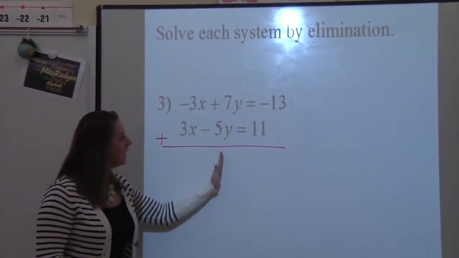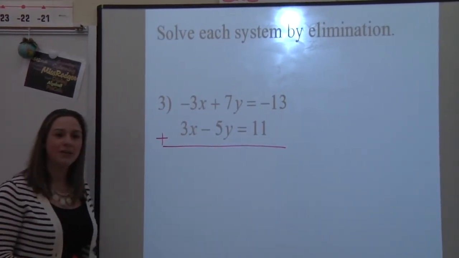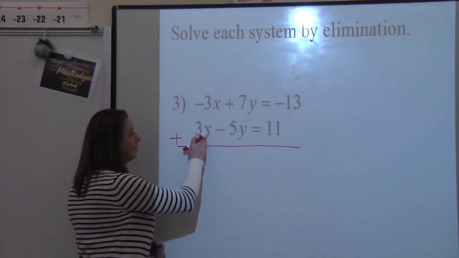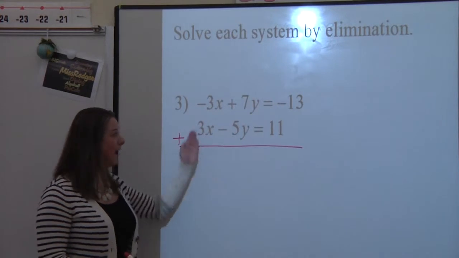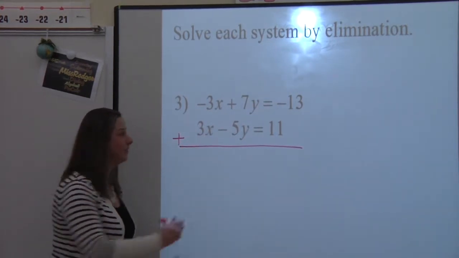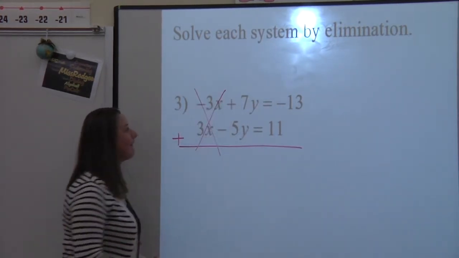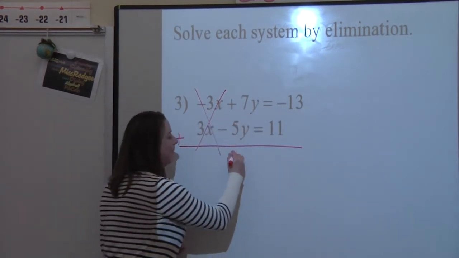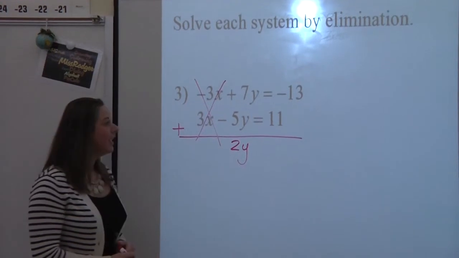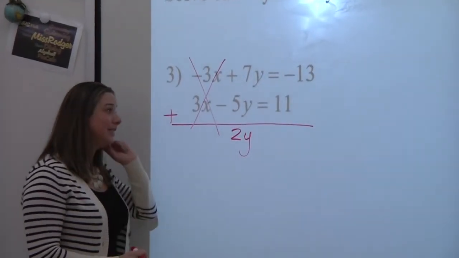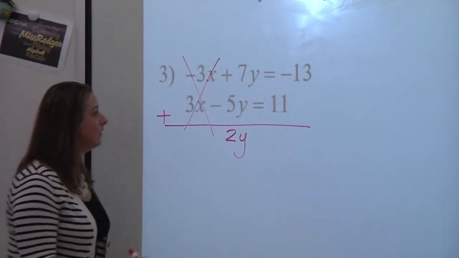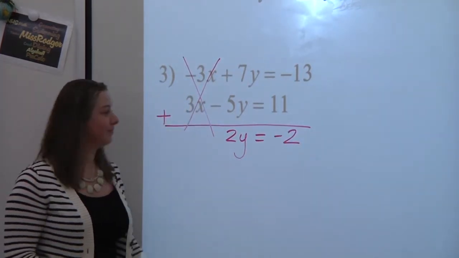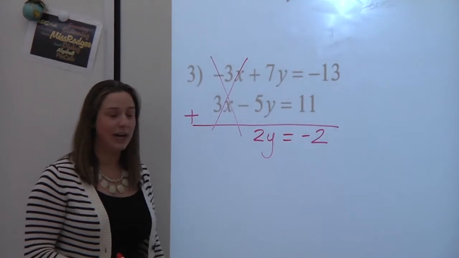So if I'm looking at this equation and trying to figure out if anything eliminates when we add down, our negative 3x and our 3x, when added together, will eliminate. If I add 7y and negative 5y, I'm going to get a 2y. And negative 13 plus 11 is going to give me negative 2.